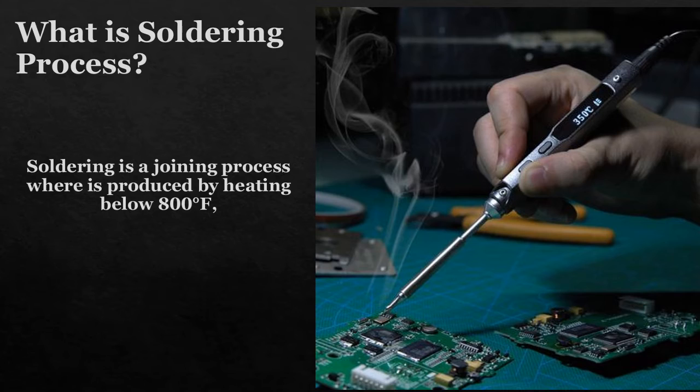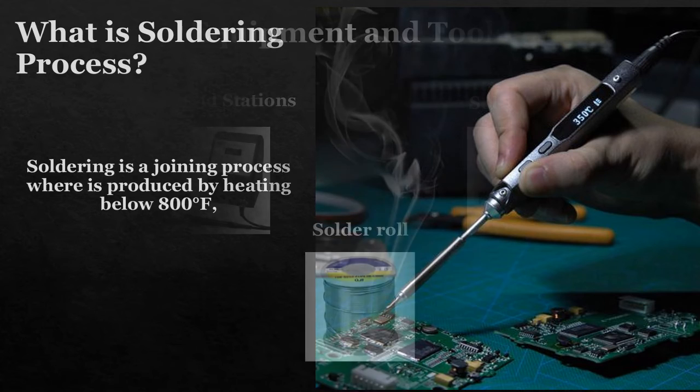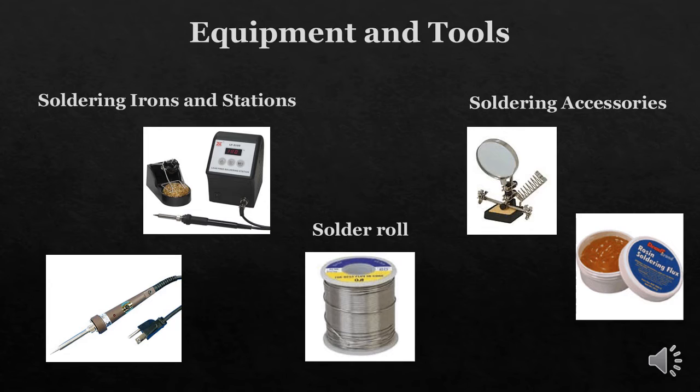As you can see, maybe it is very common for you if you hear the soldering process, like when your father is soldering your television, or maybe a radio, or maybe some computer component like that. So for the equipment and tools for the soldering process, there are soldering irons and stations, solder roll, and soldering accessories.